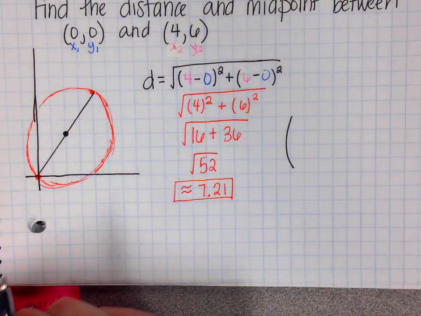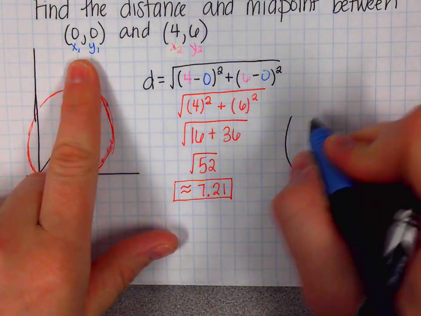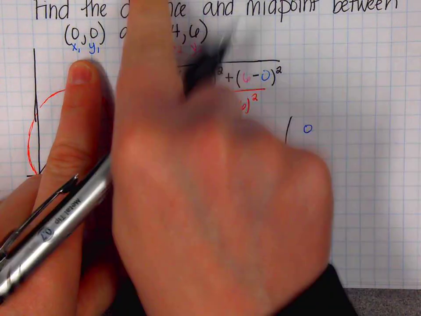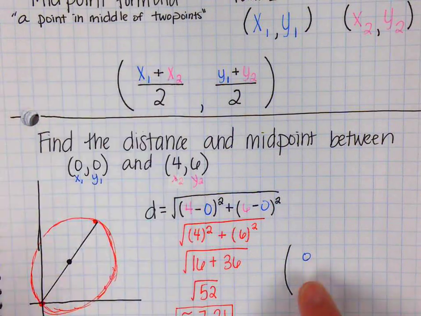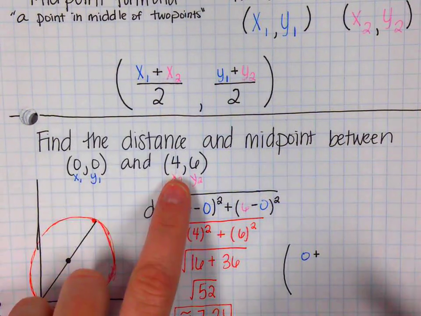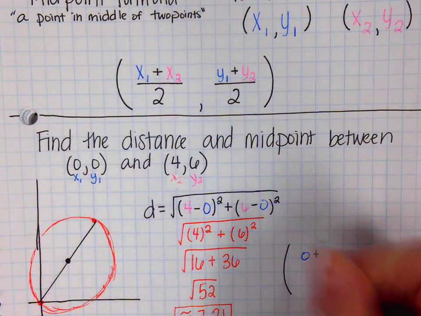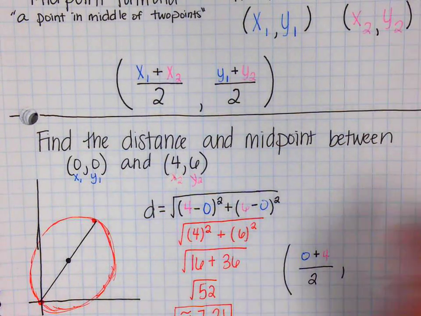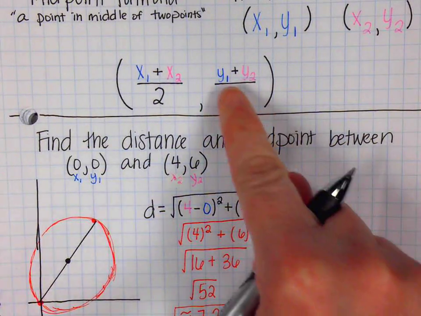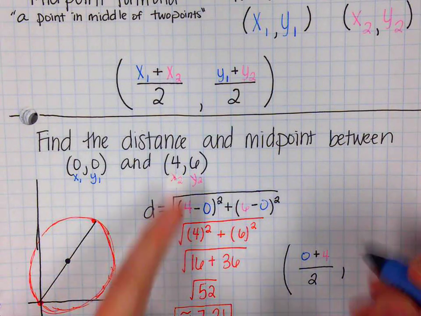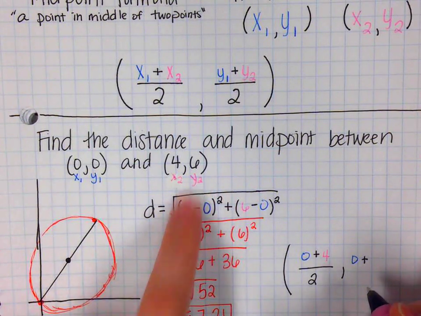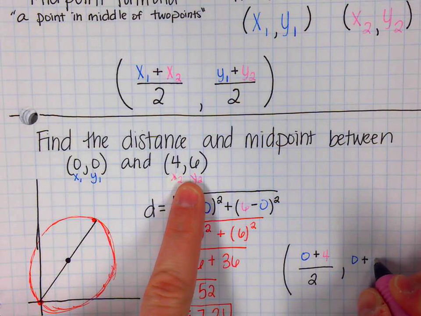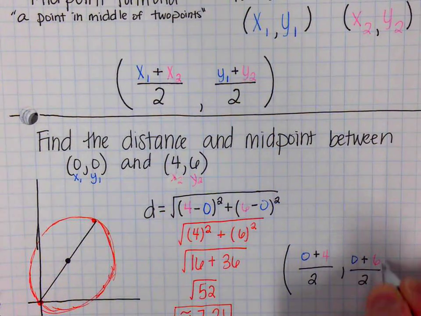So we have x1, again, that's 0. I'm using this formula right here. So x1 is 0, plus x2, which is 4, divided by 2. Then I'm going to do y1, which is 0, plus y2, which is 6, divided by 2.